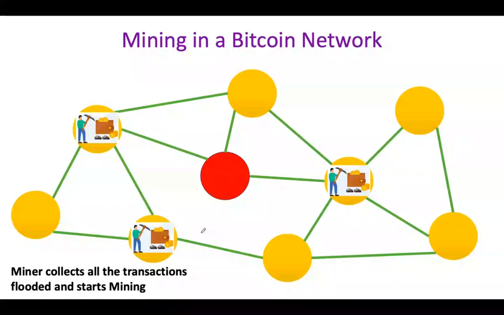And if that block is accepted by every node, suppose this node X receives a new block created by this miner, in that block it has the block hash and transactions.